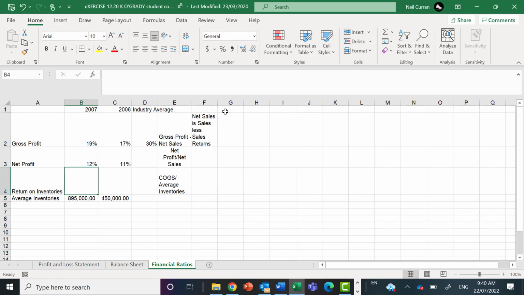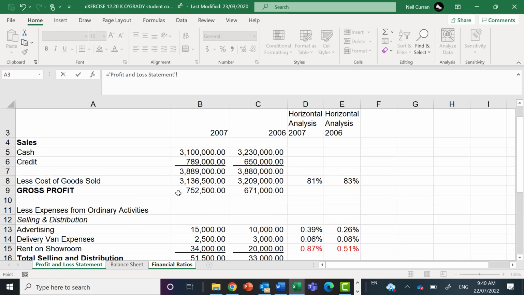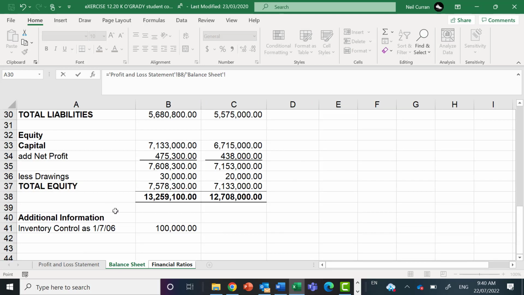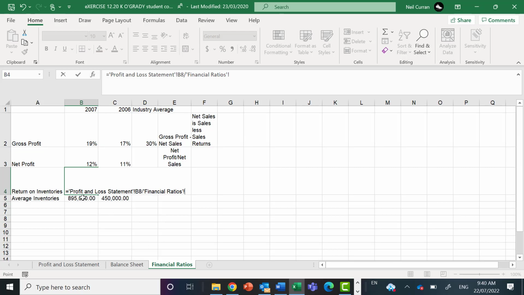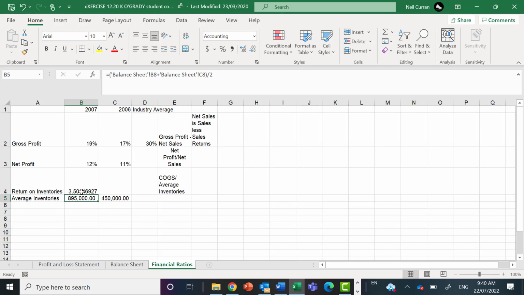To get your return, we go equals, go to your profit and loss statement to get your cost of goods sold, and then we're going to divide this by your average, and then decrease our decimals somewhat. Now, this represents that we're turning over our average inventory 3.5 times a year.